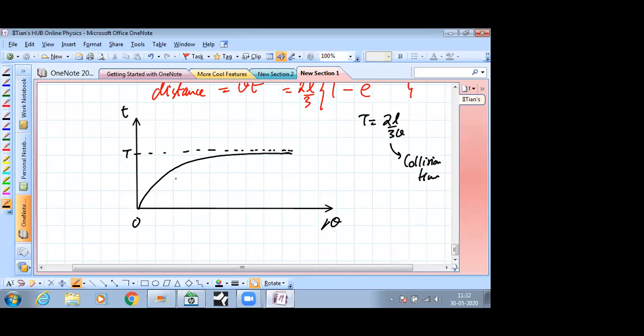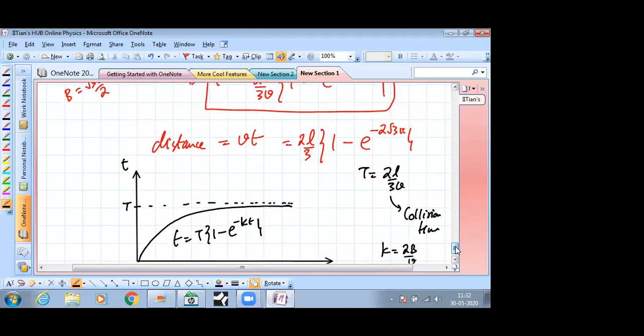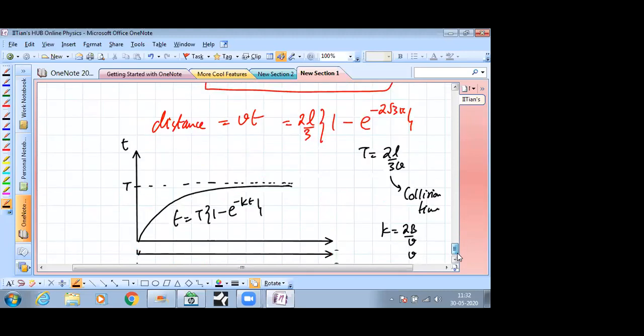So this time is equal to capital T into 1 minus e raised power minus some constant into t, where capital T is this and that constant we just saw was 2b by v or something like that. Okay.